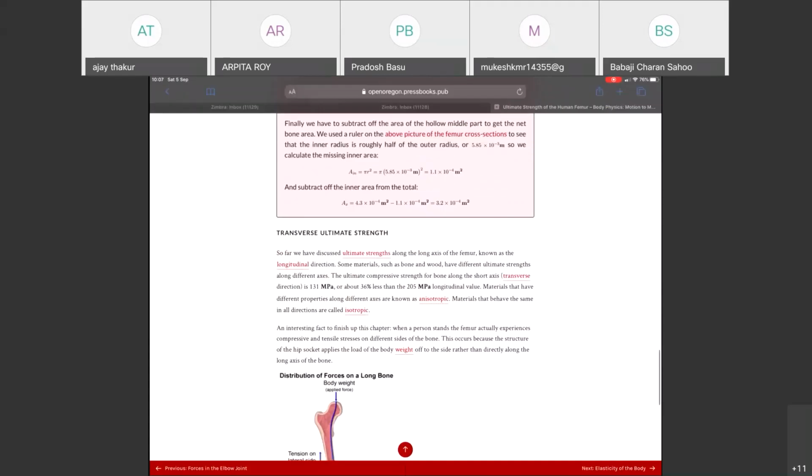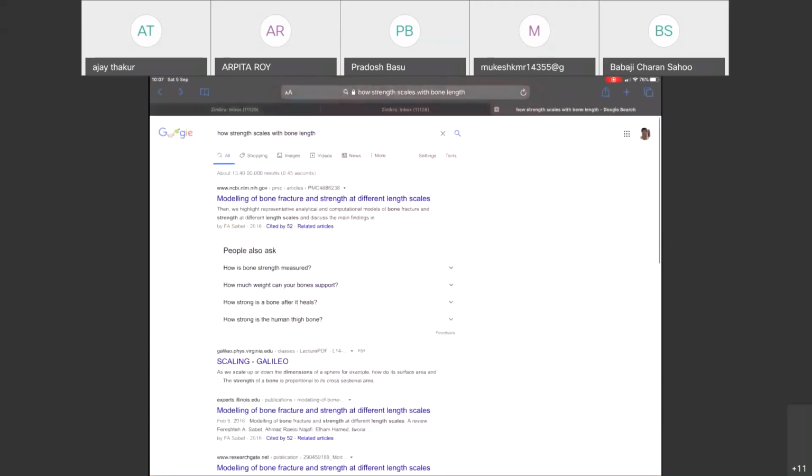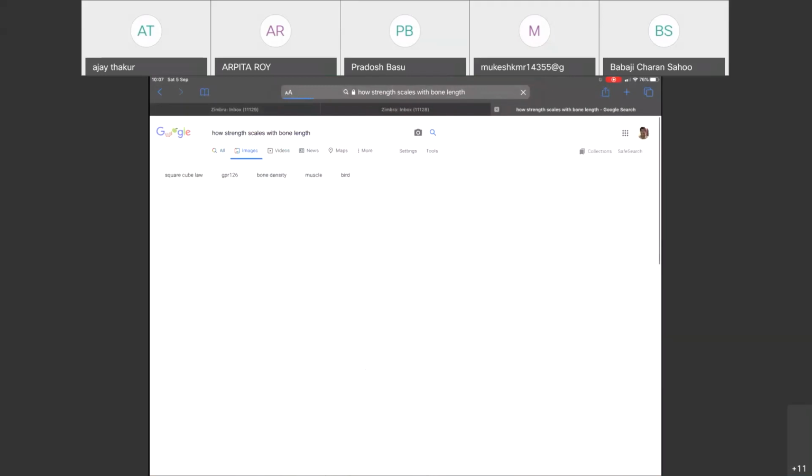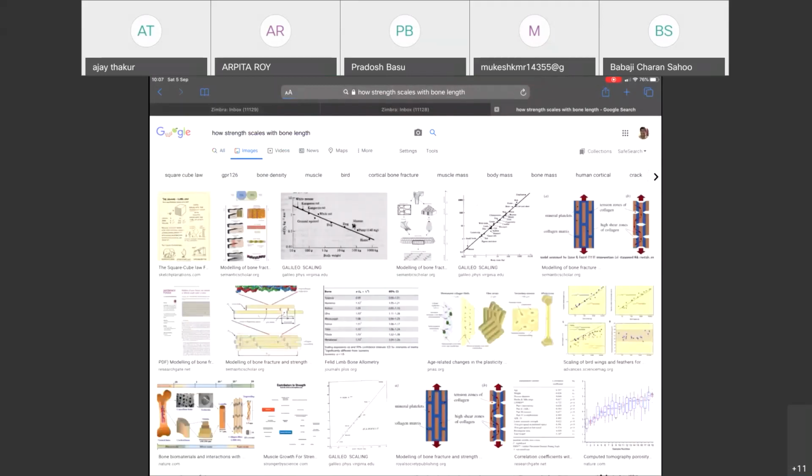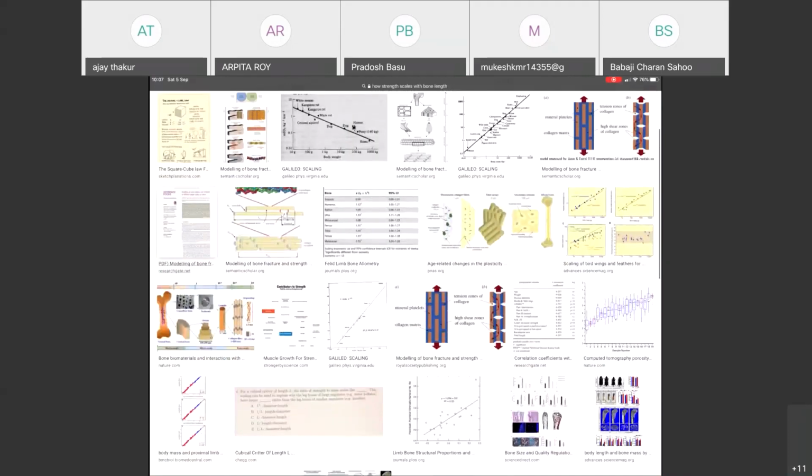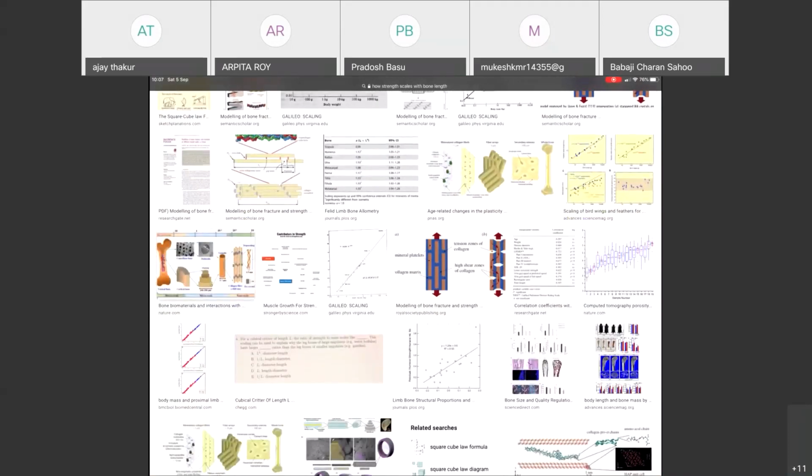And now let me just try to see if we have a suitable image which really helps us with body weight versus bone strength. Let us see. Yeah, I think this one. Because I just wanted body mass and proximal limb bone proportions.